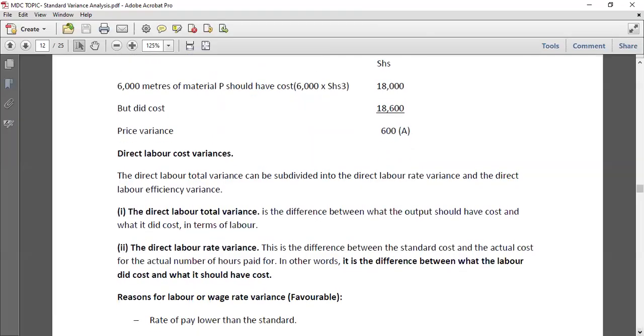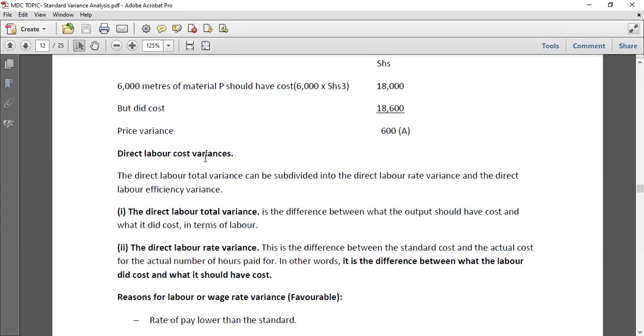Now, the other thing we need to understand is the labor variance. Remember, we said that we also set standards for labor. Because we set standards for labor, we can also go ahead to determine the variances for labor. The variances for labor cascade into several categories.